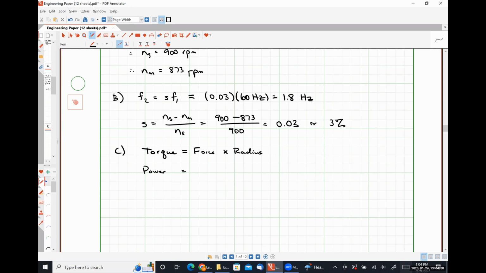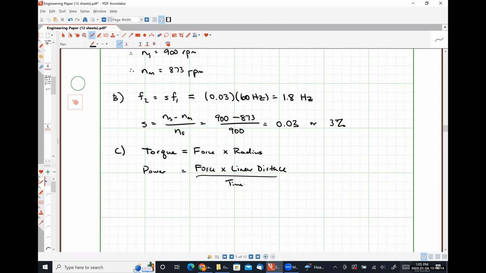All right. So it's power from a mechanics perspective. Work over time, which is force times linear distance over time. Right?